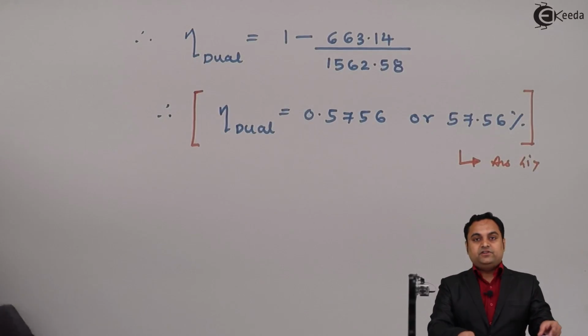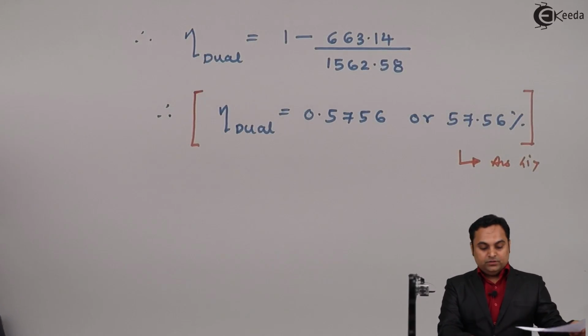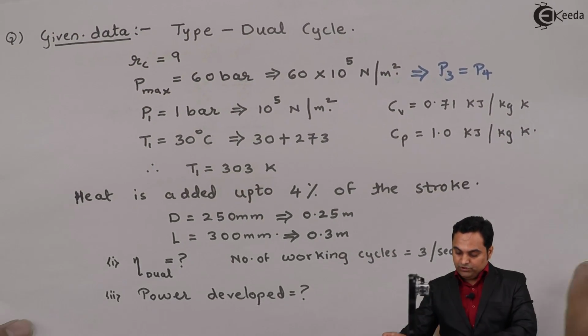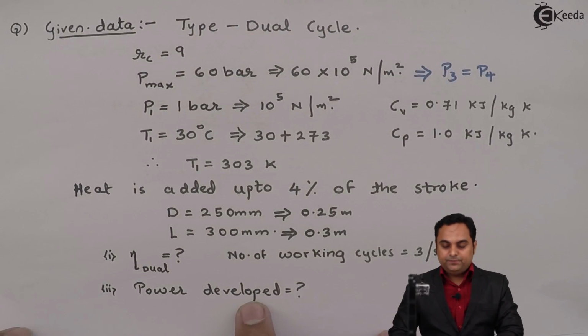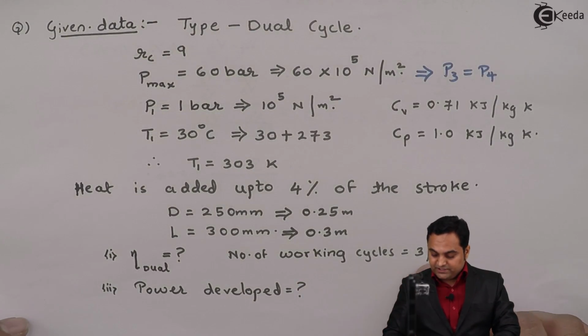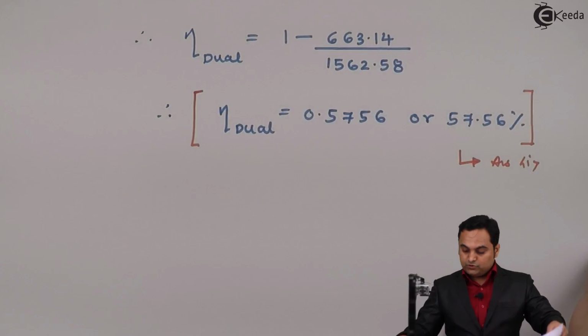Next, after getting the value of dual cycle efficiency, the question is to calculate the power developed, and it is given that the number of working cycles per second is 3.